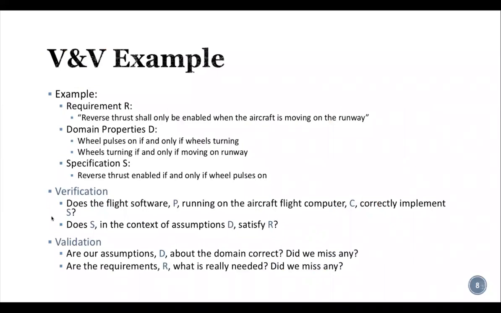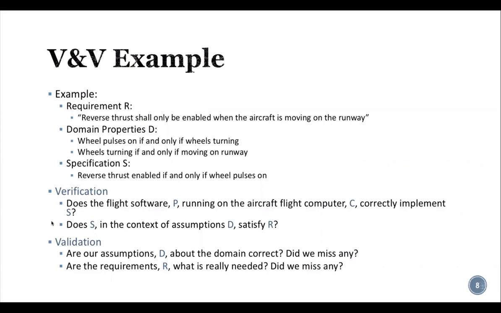Let's take an illustrative example to show the idea of verifying requirements and domains. Assume we have a requirement R that says reverse thrust shall only be enabled when the aircraft is moving on the runway.